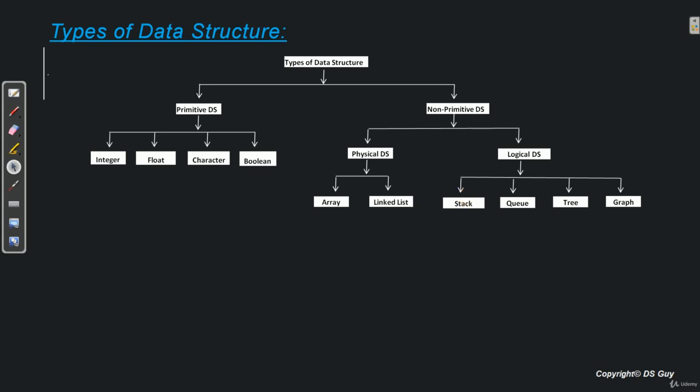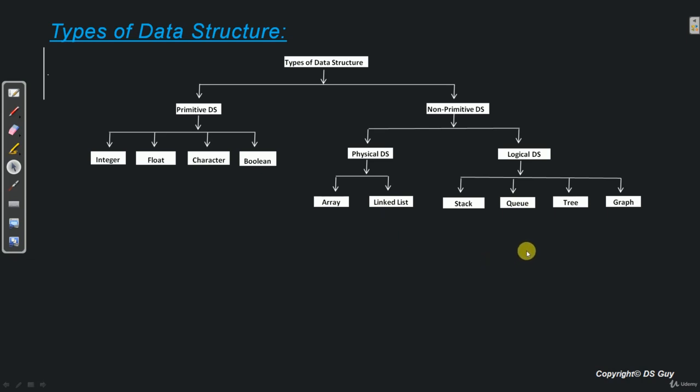Stack has its own concept of push and pop, but when it comes to implementation, it can either be implemented in array or using a linked list. There is no third option. Similarly, queue, if we want to implement, we can implement either using array or linked list, no third option.